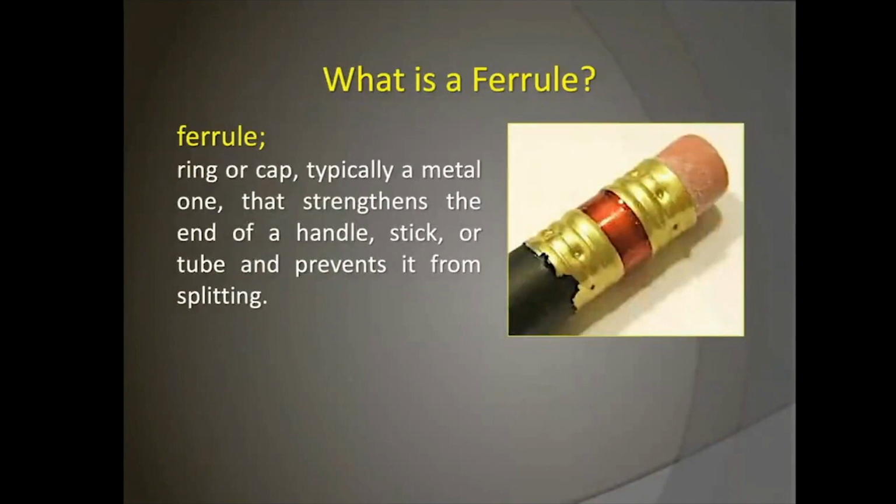And what a ferrule is, is a ring or cap, typically a metal one, that strengthens the end of a handle or stick or tube and prevents it from splitting. So that's why pencils have these metal ferrules around them in order to prevent the wood from splitting, and it gives it another place for the eraser.